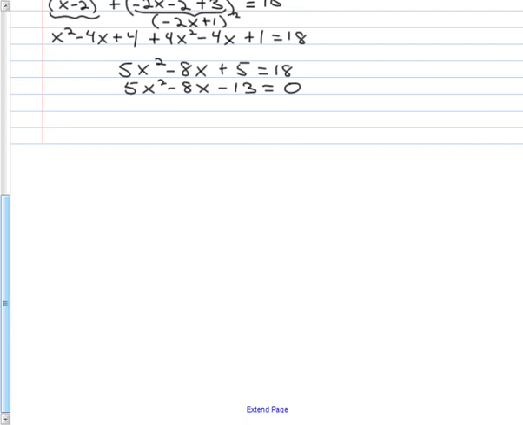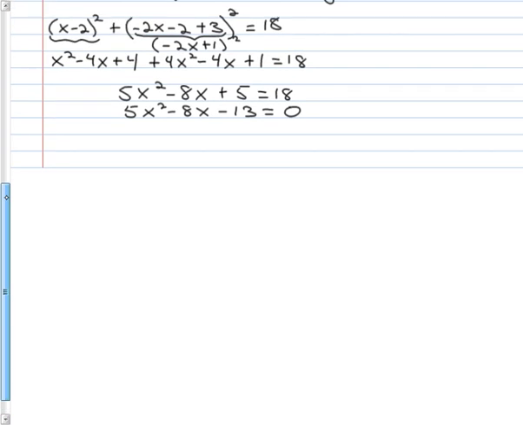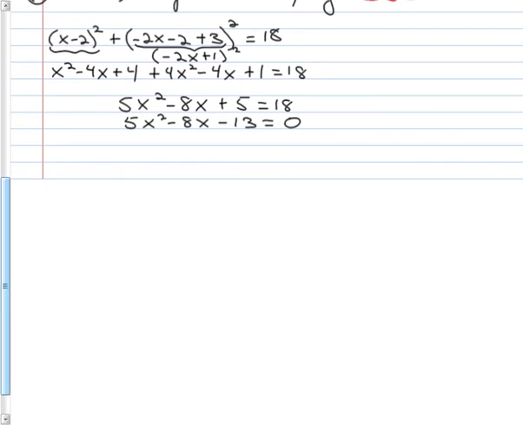So they're going to make us work just a little bit on this one here. I might try factoring. No, I'm not going to try factoring. Quadratic formula. Negative b, 8, plus or minus the square root, b squared, that's a negative 8 that has to be squared, minus 4 times a, which is 5, times c, which is a negative 13, and it's all divided by 2 times our a, 2 times 5.